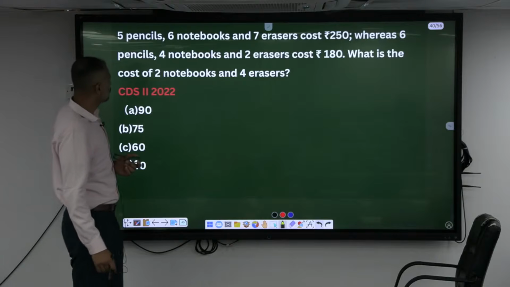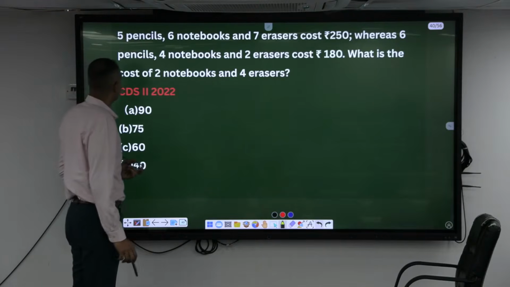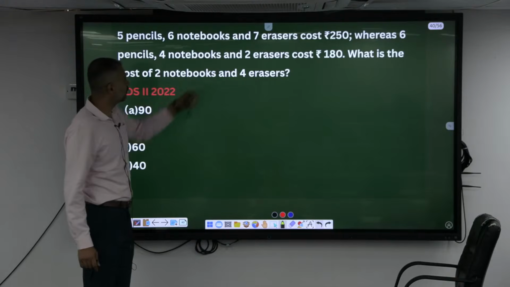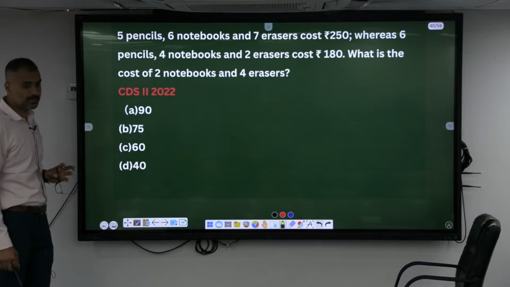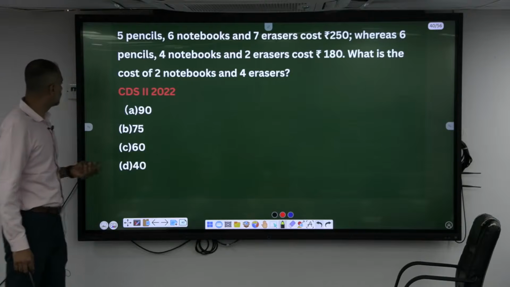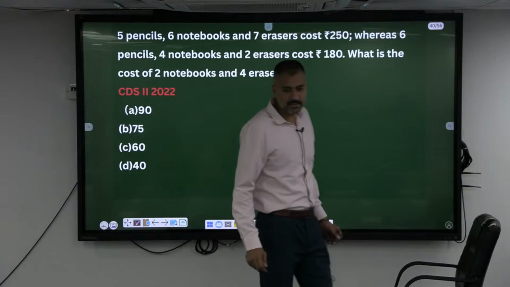5 pens, 6 notebooks and 7 erasers cost, consider x, y and z rupees: 5x plus 6y plus 7z is equal to 250. 6x plus 4y plus 2z is equal to 180. What is the cost of 2 notebooks and 4 erasers?